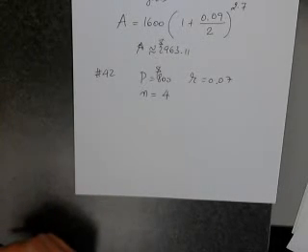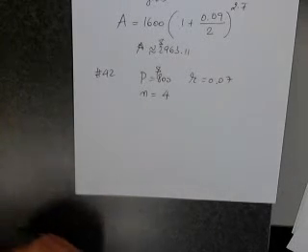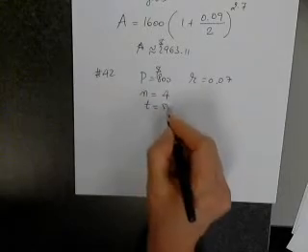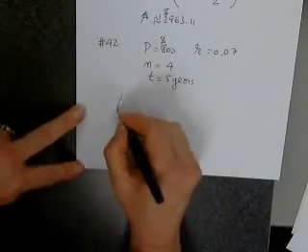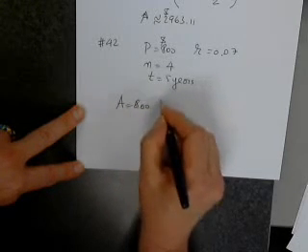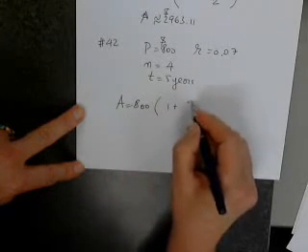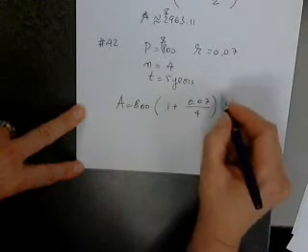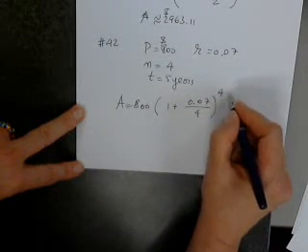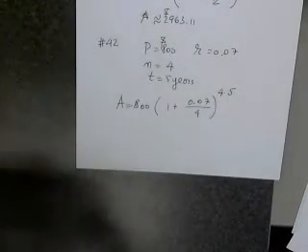Find the value that this certificate will have at the end of 5 years. So t equals 5 years. I put in the formula as 800 in parentheses 1 plus 0.07 divided by 4 to the power 4, which is n, times t, which is 5.